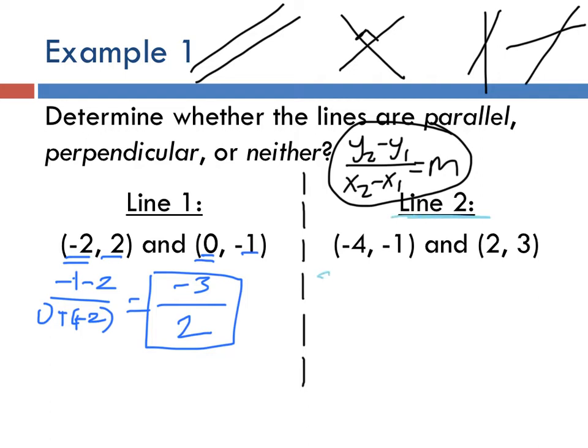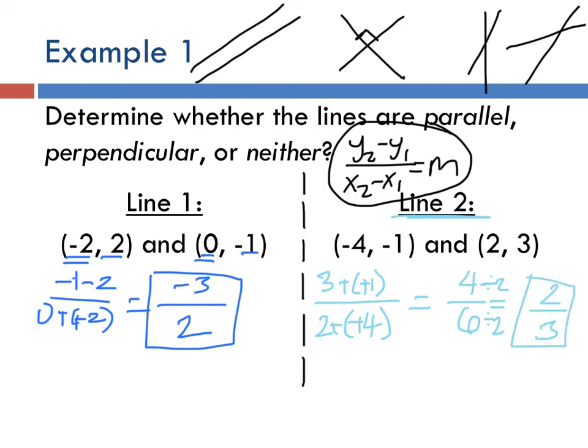Same equation: 3 minus negative 1 over 2 minus negative 4. Remember, a number minus a negative is positive, so it's 3 plus 1, you get 4 over 6. Simplify that by dividing by 2 on both sides, and you get 2 over 3.